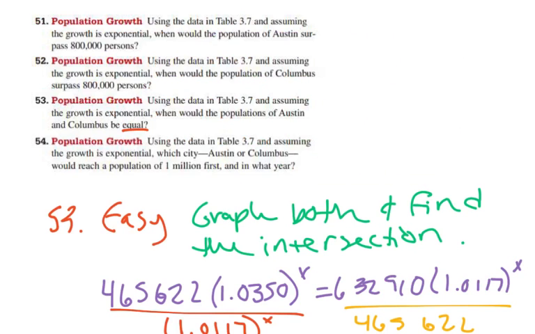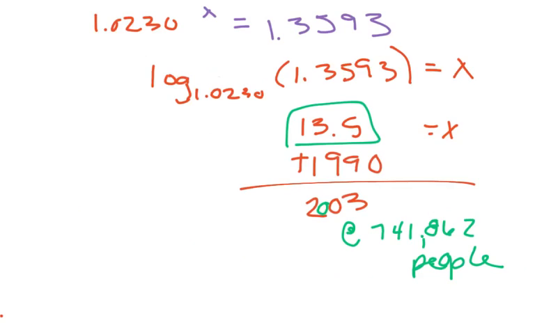Okay, so then number 54, assuming the growth is exponential, we need which city of Austin or Columbus would reach a population of 1 million first, and in what year.